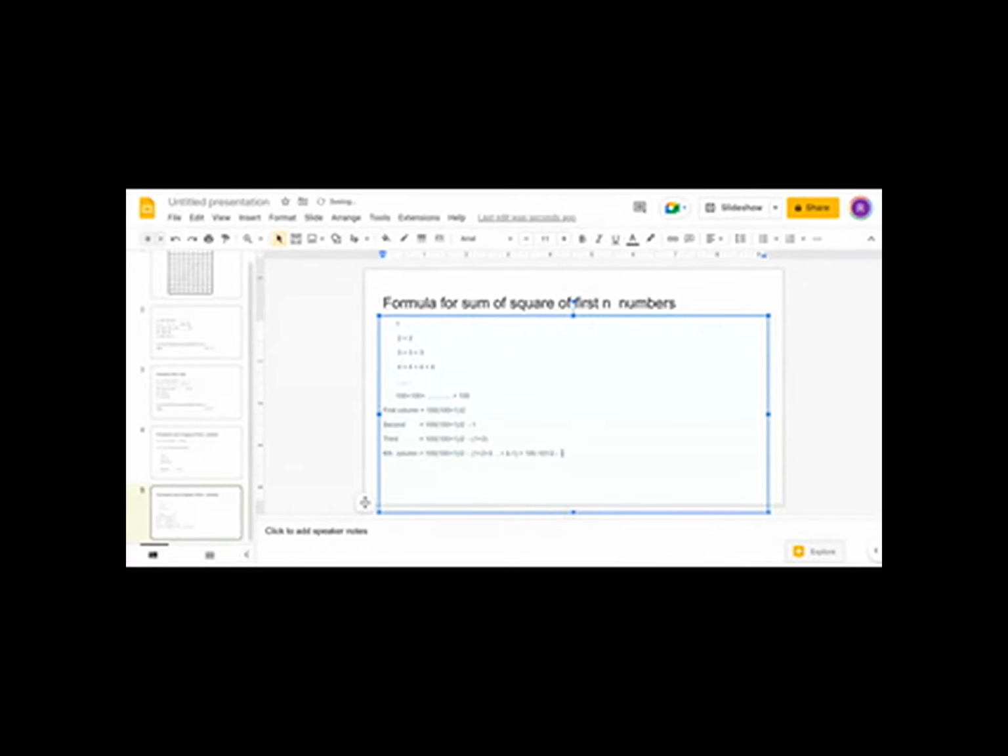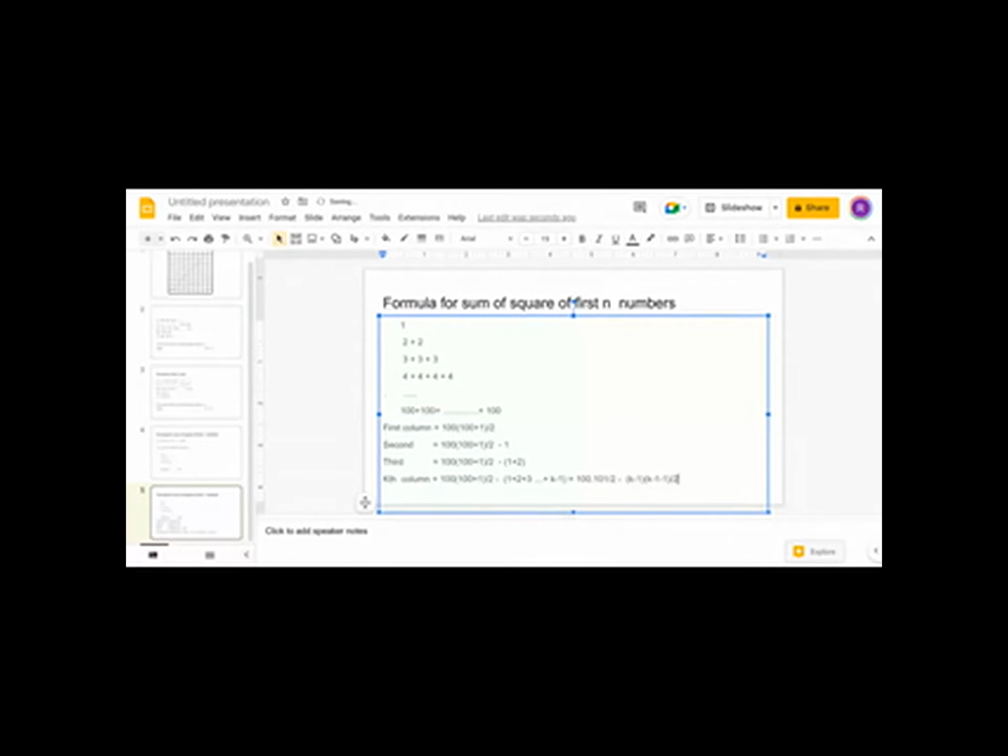What did you say? k minus 1 into k minus 1, then minus 1, then whole divided by 2.